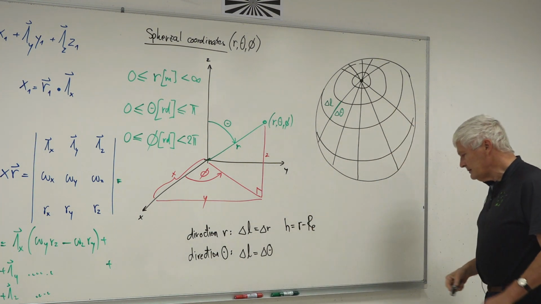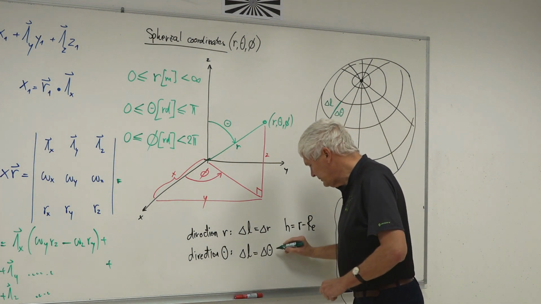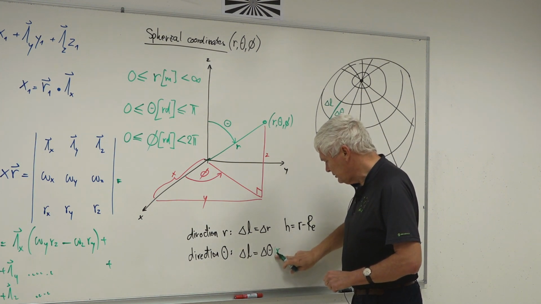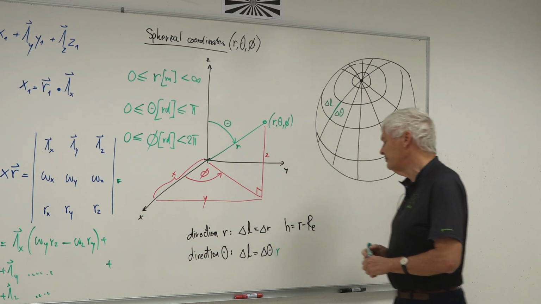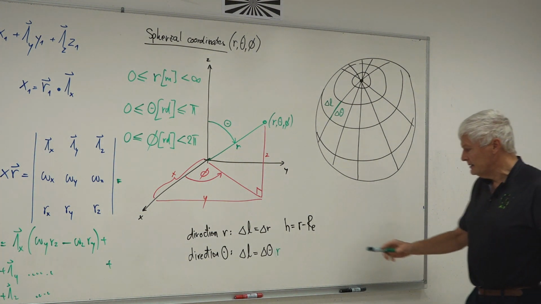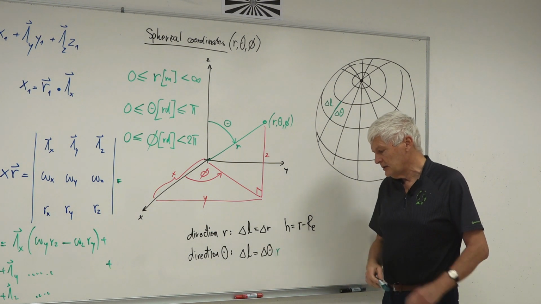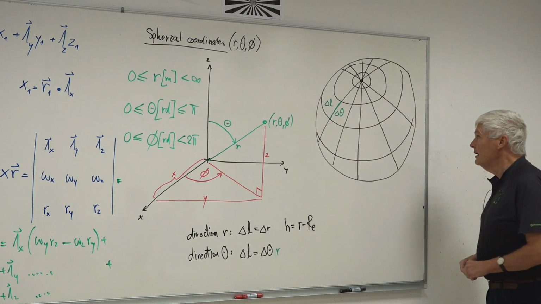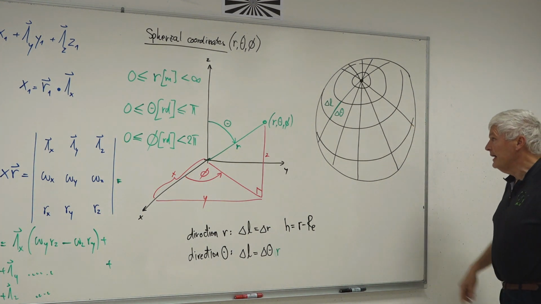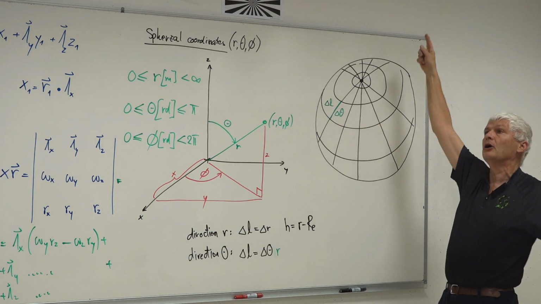How do I correct this? I correct this by multiplying by r, without the dot, because dot is reserved for dot product. If I multiply by r, then r has meters, theta has radians, which are known units. This is also meters. This is correct, because if I inflate my Earth like a ball, then for the same polar distance delta theta, I get a longer distance.